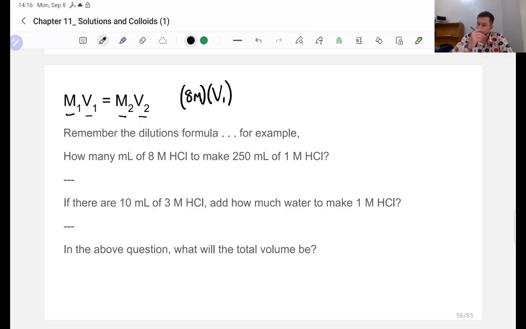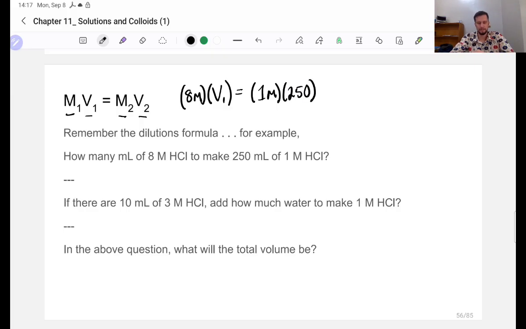So this is asking how many milliliters of 8 molar would we add to water to make 1 molar. So our final volume is 250, and then our final molarity is 1. Okay? So then we can solve for this.